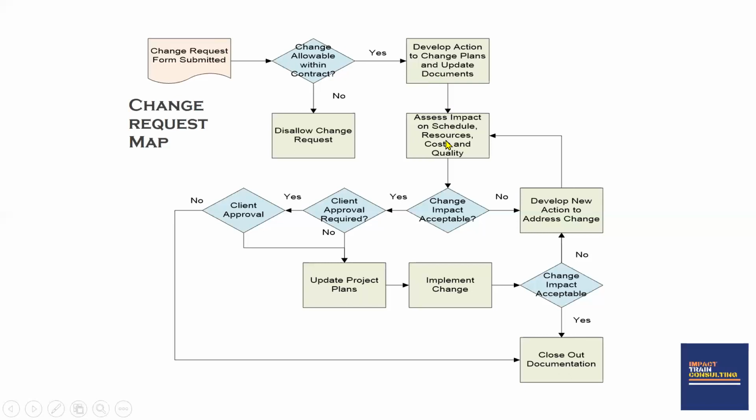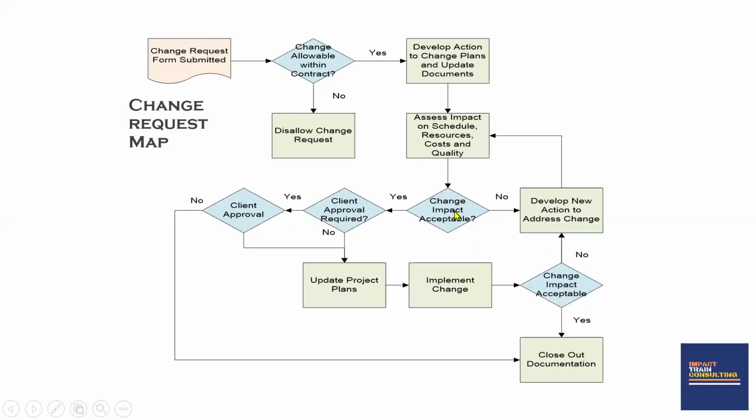The next thing you want to do is assess the impact that these proposed changes are going to have on your schedule, on your resources, on your costs, and quality. Do you like the impact that you've seen? If it is a yes, you go ahead to the next level. If it is a no, you return back to develop new action and address change.